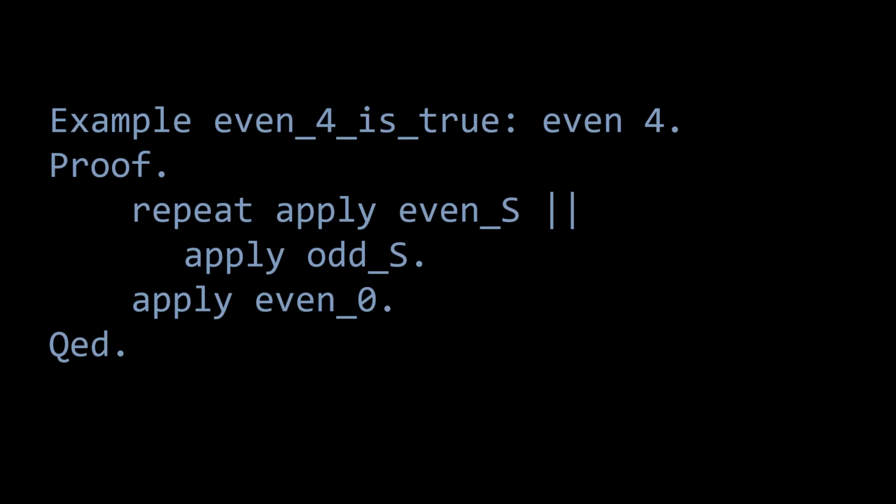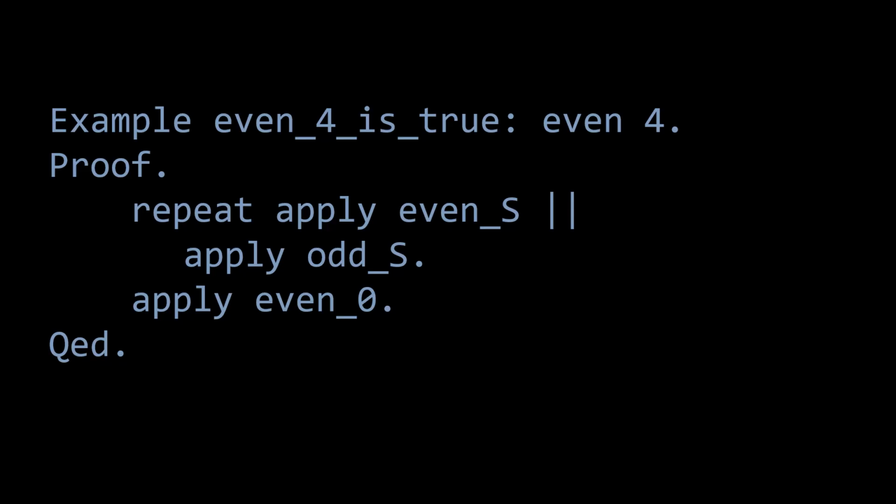And here's the proof. What I can do is apply this even S or odd S tactic until both of them either try to do this or try to do this, bam, bam, bam. And eventually it'll give me this thing where I have to prove that even 0 is true. But then I can just say, well, I've asserted that in my definition.